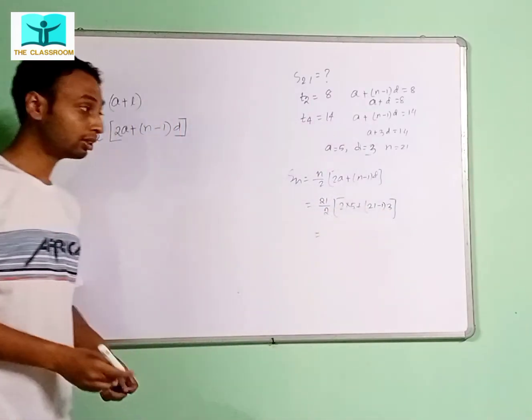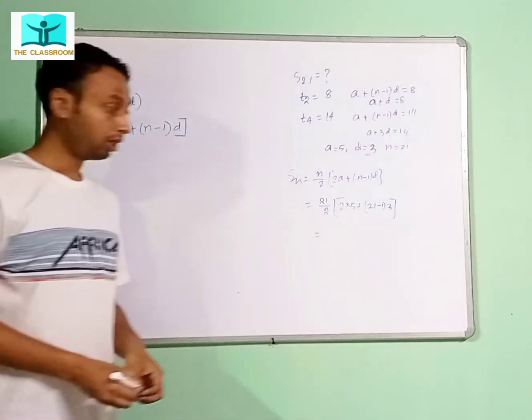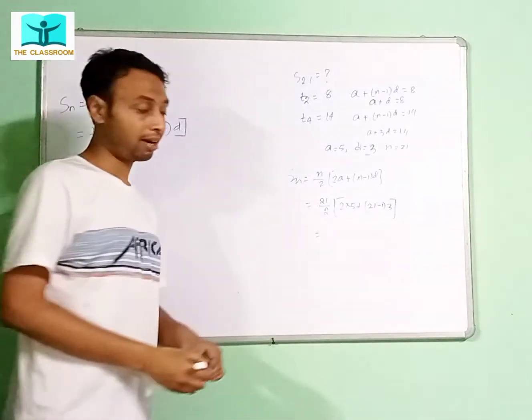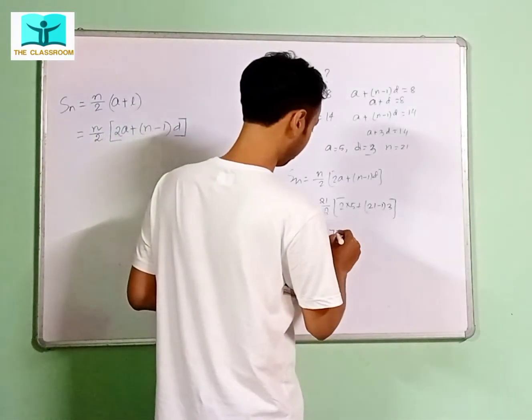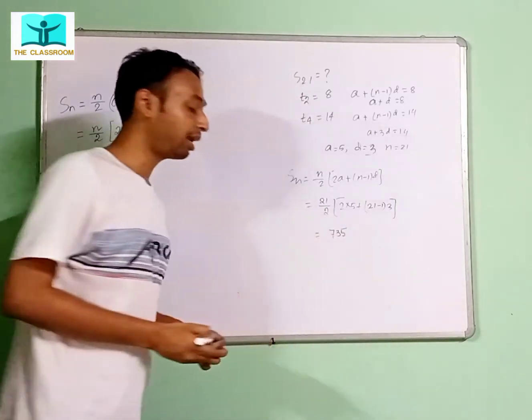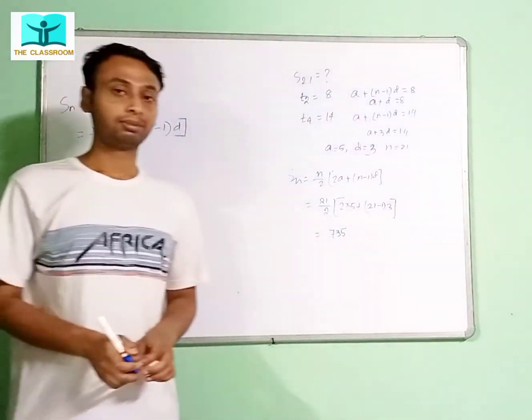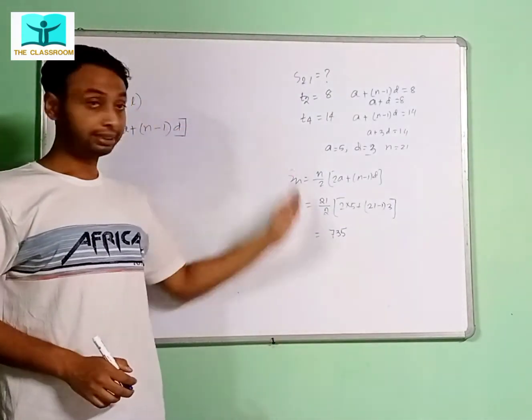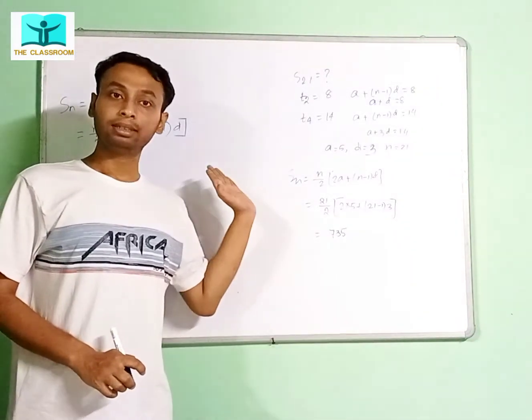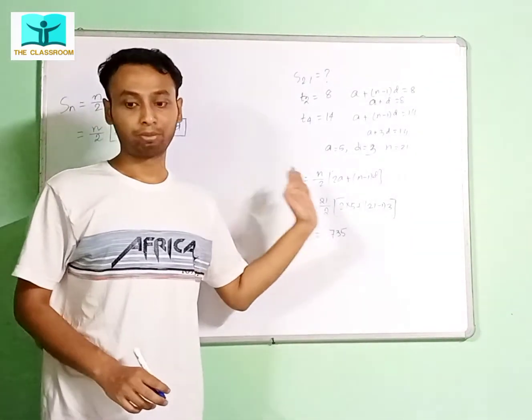If we calculate, the value of this equation is 735. This was the second problem from sum of n terms.